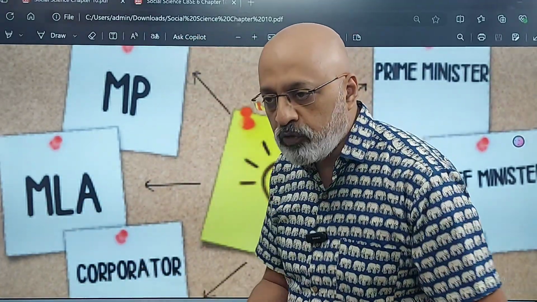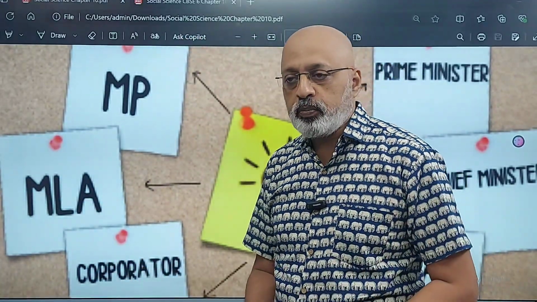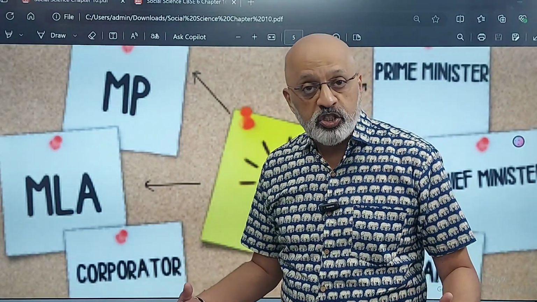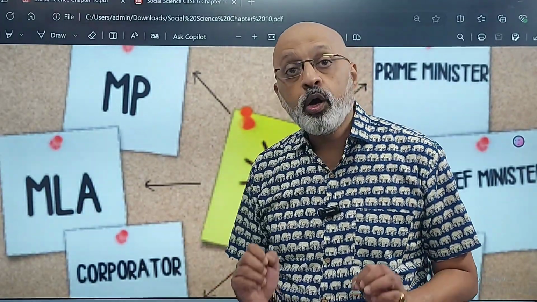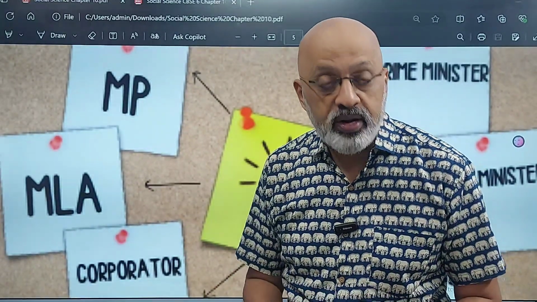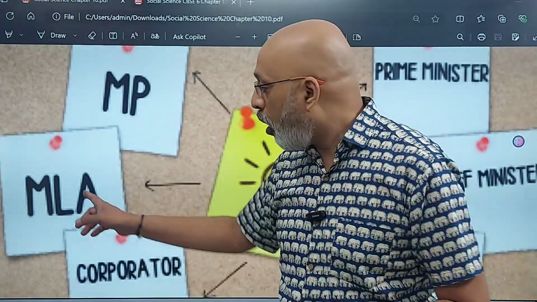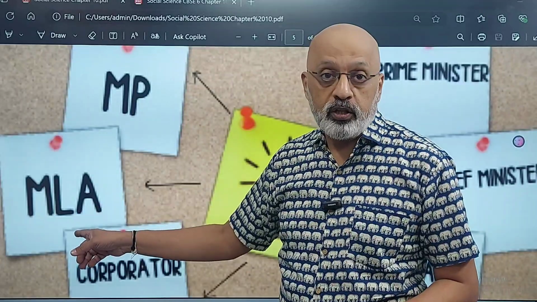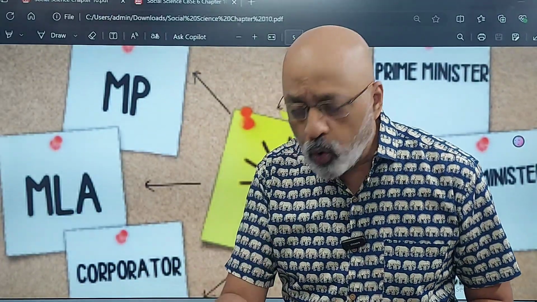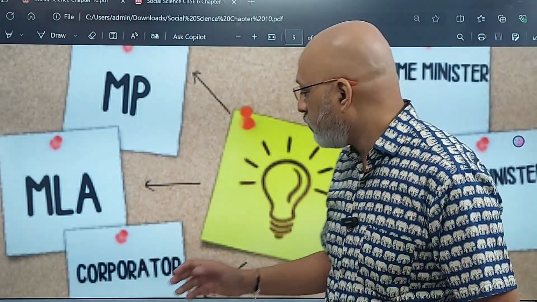For instance, in Andhra Pradesh, Chandrababu Naidu, the chief minister, is the MLA from Kuppam constituency, the assembly constituency of Chandrababu Naidu. So at the local level, that is the way it will work out.